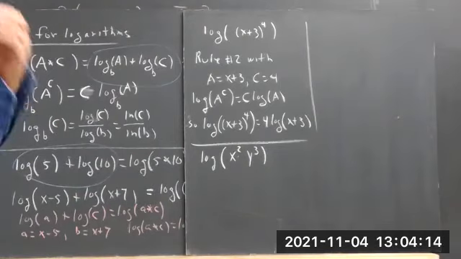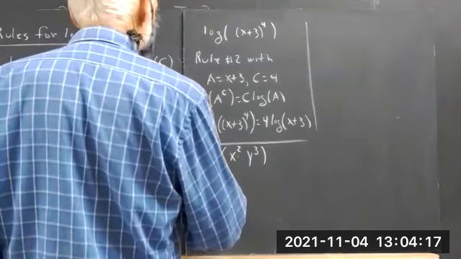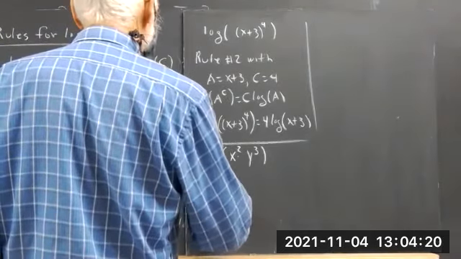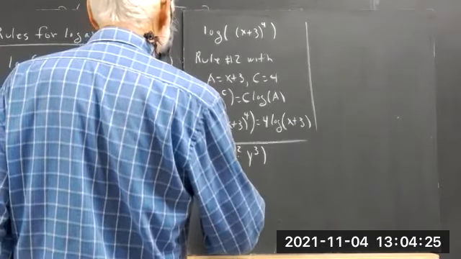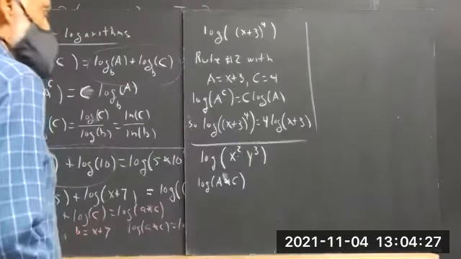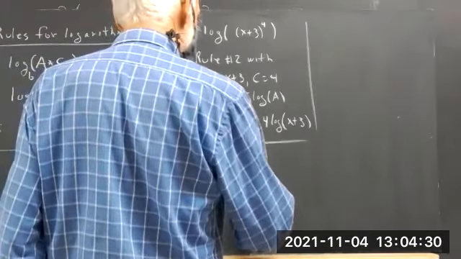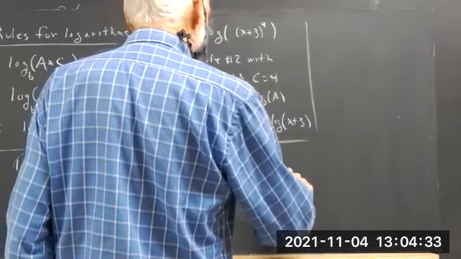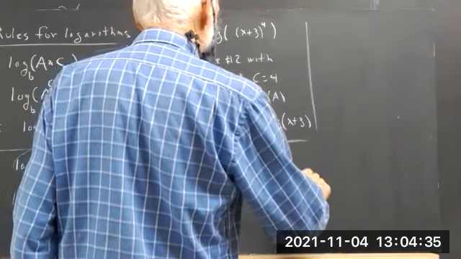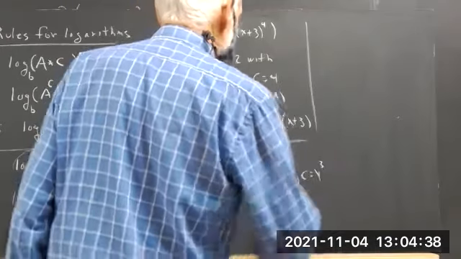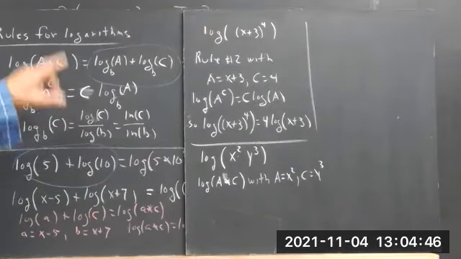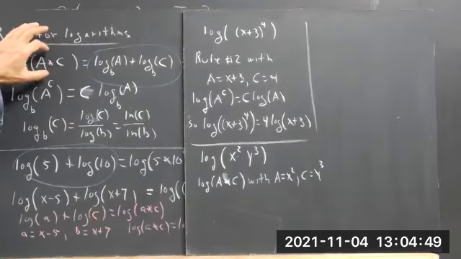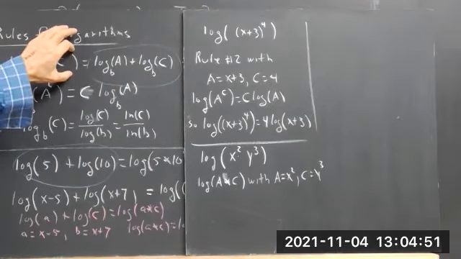So this is log of A times C with A equals x squared and C equals y cubed. Okay? This is the form. If you have any trouble at all, write out A equals C. Okay?